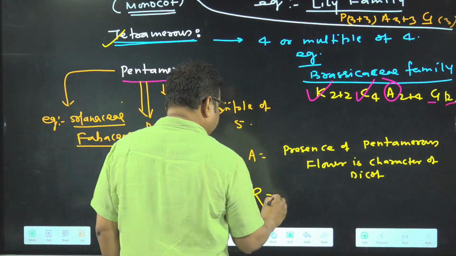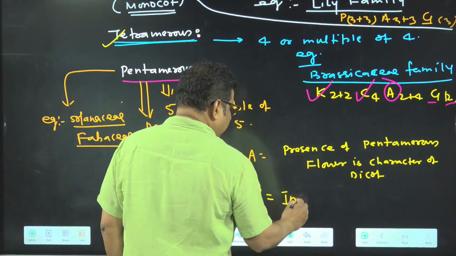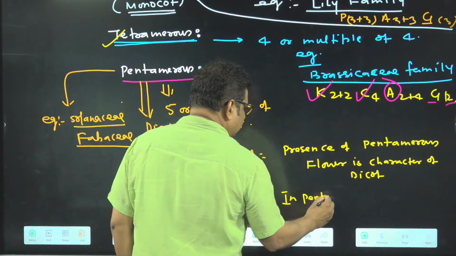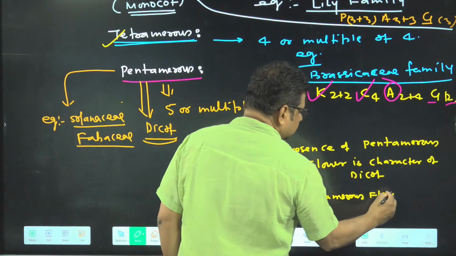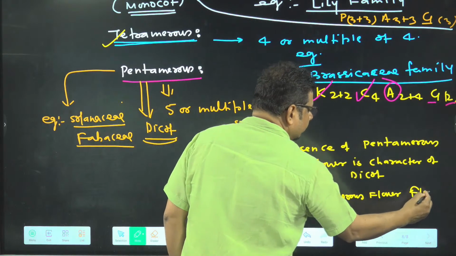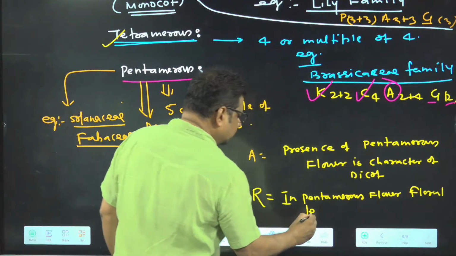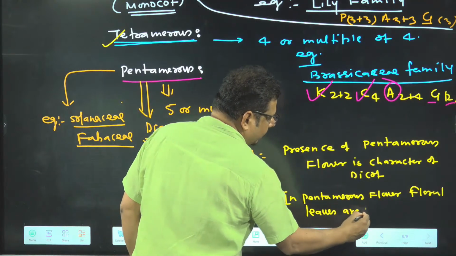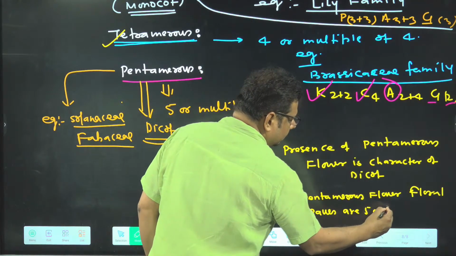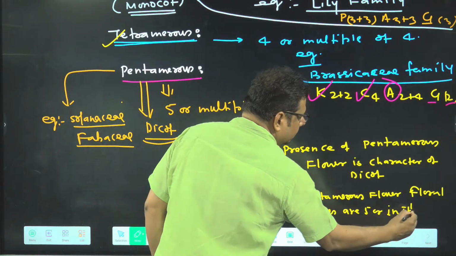Reason: In pentamerous flower, floral leaves are 5 or in its multiple.